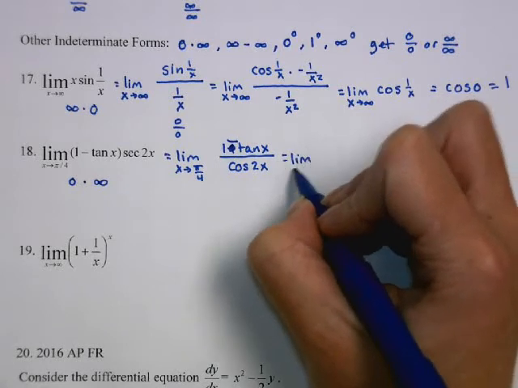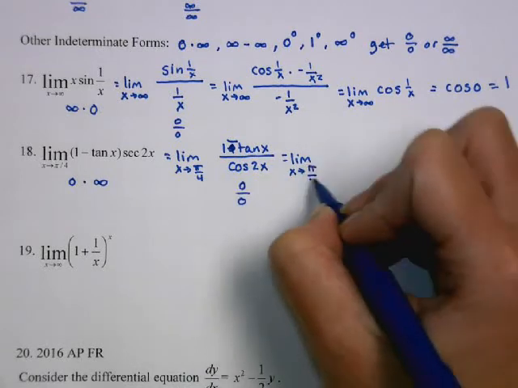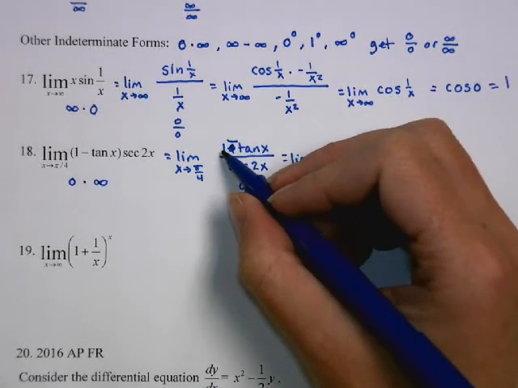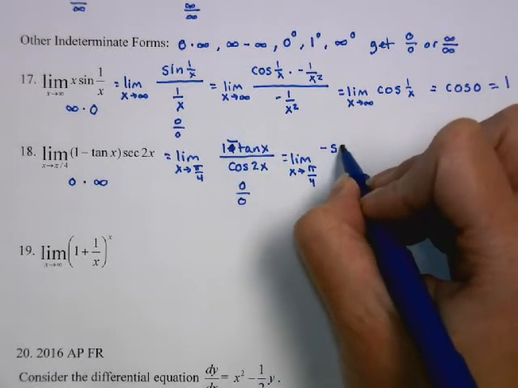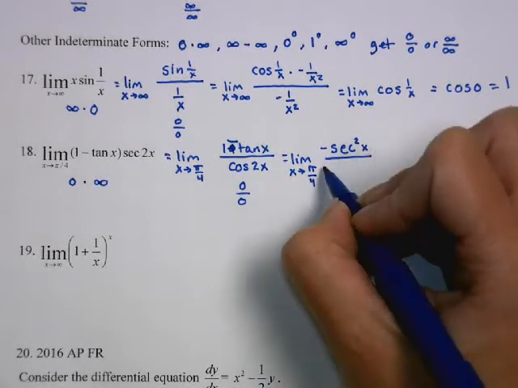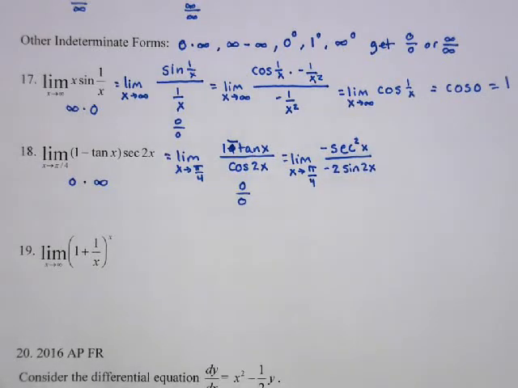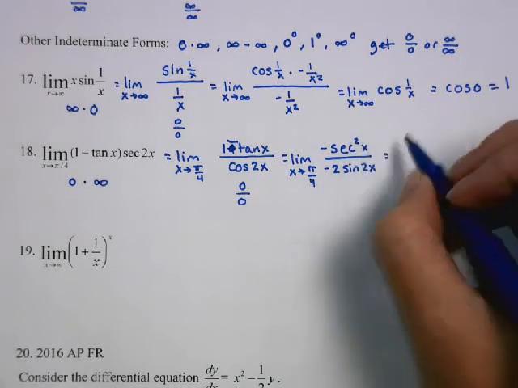So let's take the derivative. So derivative of 1 is 0, derivative of tangent is secant squared. So it's going to be negative secant squared x over negative 2 sine 2x. Okay, now we can plug in pi over 4. So the negatives are going to go away.